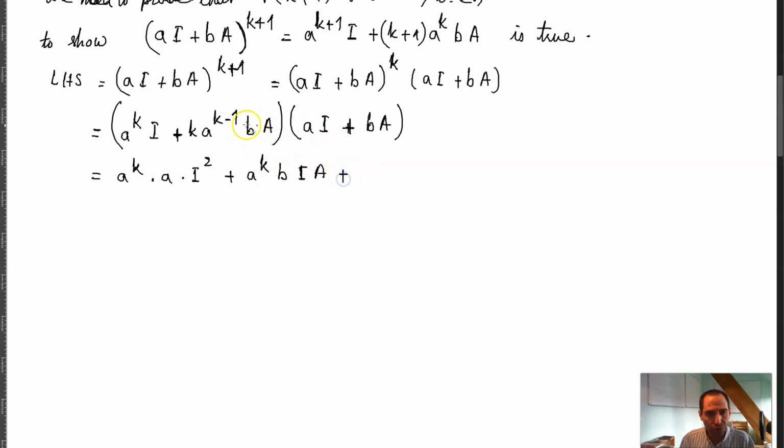And then over here, if you multiply these two together, you'll get k times A raised to the power k minus 1 times B times A times I. And multiplying this by this, you will get k times A raised to the power k minus 1 times B, and B times B would be B squared.